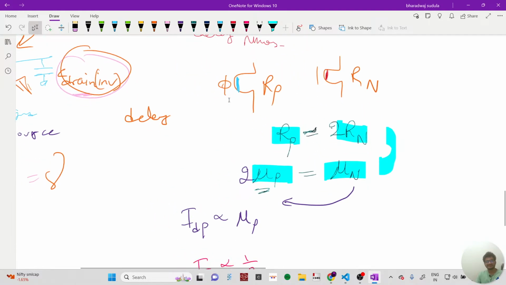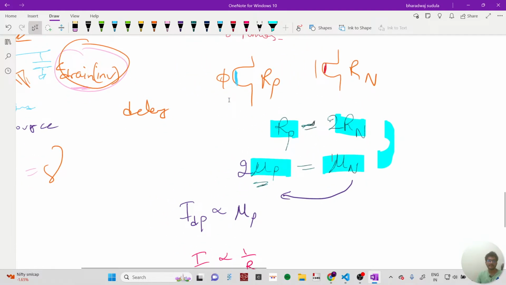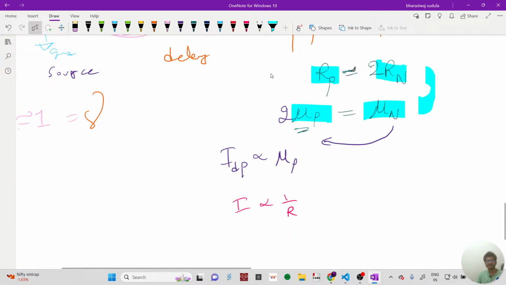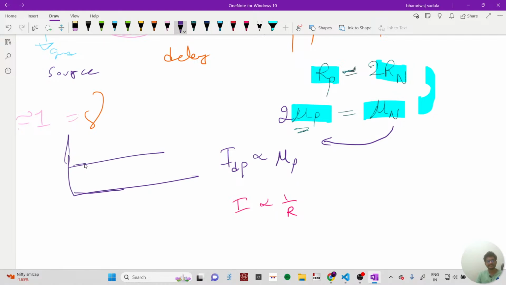So why do we even care about this? At the end we need delay, right? There is some transition in the input, let's say 0 to 1, and the output will have some transition. It takes some time. And let's say there is another transition to the other logic state, and there will be a transition here as well.